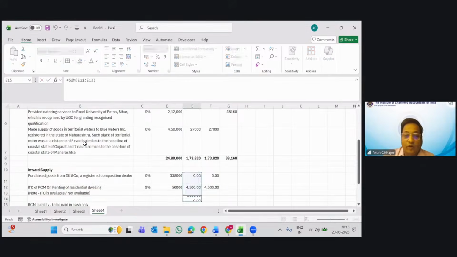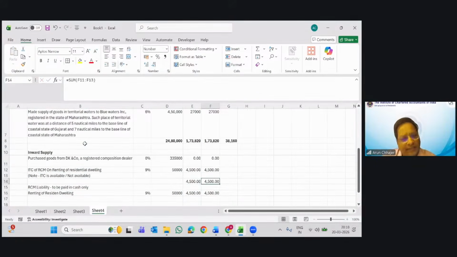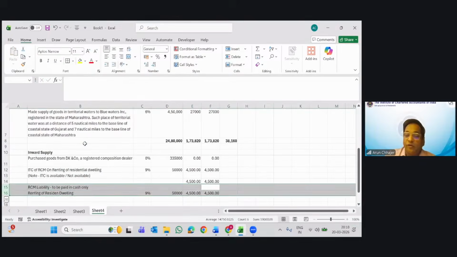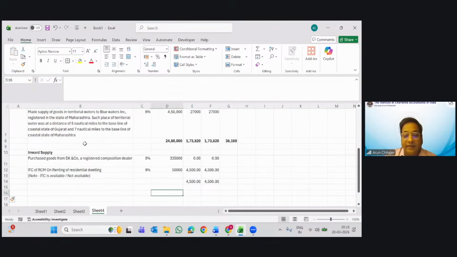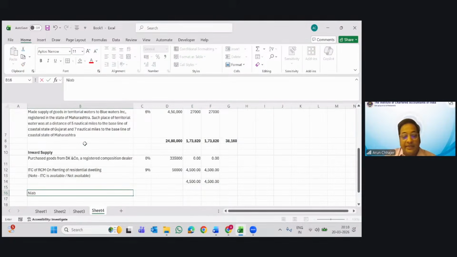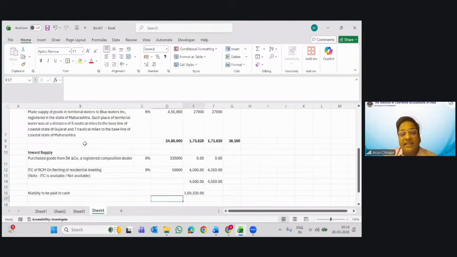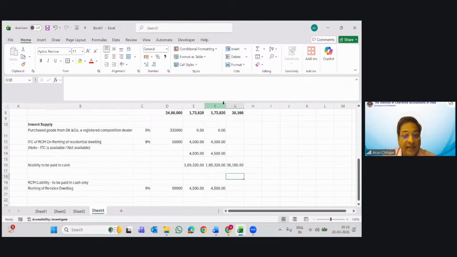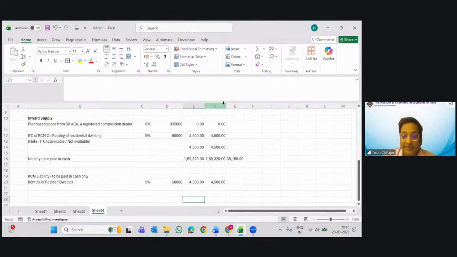So in this case, let's assume for the time being that ITC is available, then the liability is to be paid in cash. Can I say that 173 is the total liability, and let's say he has ITC of 45? So this much amount he needs to pay in cash, plus add the RCM liability.